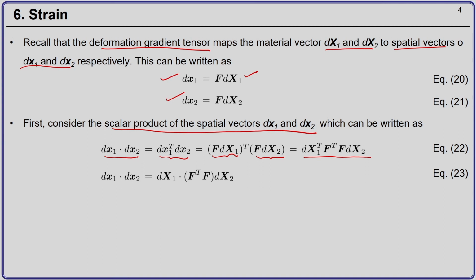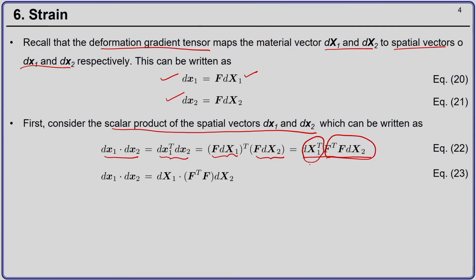Now, dx1 is a vector, and F transpose F dx2 again is a vector, because F transpose F will be another second order tensor. It operates on vector dx2 to give you another vector.